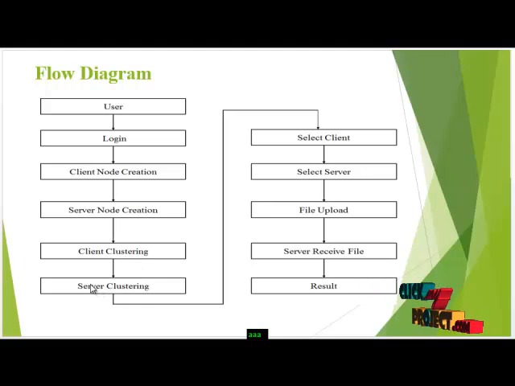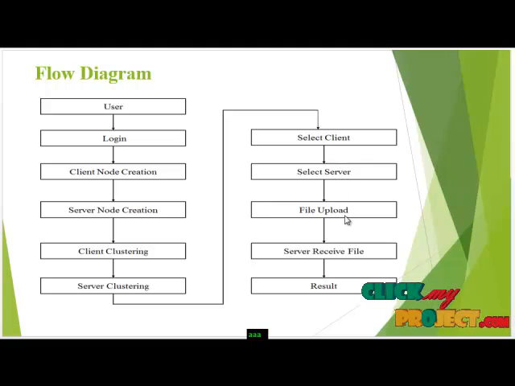Here server nodes are separated by size, and next we are going to select client. Here we can select the suitable client for further process. After that we are going to select server. Here also we can select the appropriate server for future process.